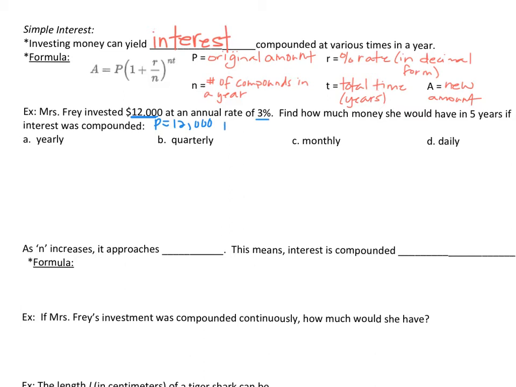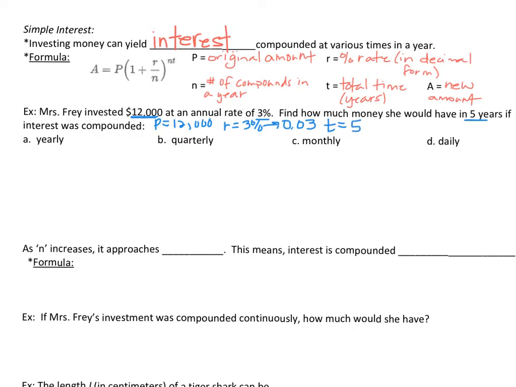That also won't change. But if the rate is 3%, what we need to do is convert that to a decimal. Moving it 2 places to the left, that would be 0.03. And that's the value we'll use. How much money would she have in 5 years? So 5 years is the total amount of time I want my investment to earn interest. T equals 5.